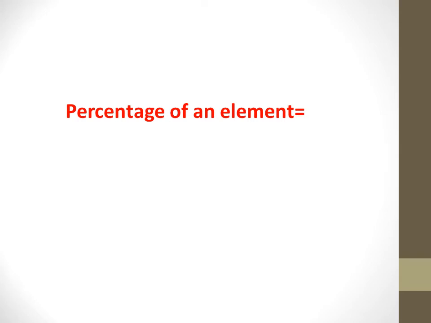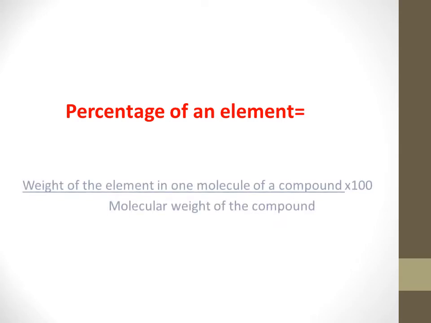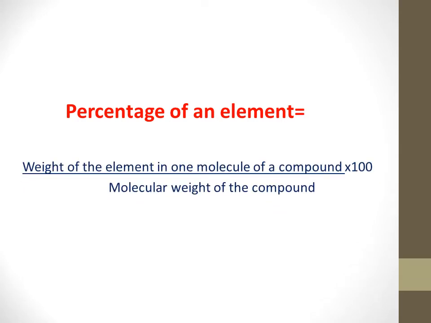The percentage composition of an element in a compound can be given as: percentage of an element is equal to weight of the element in one molecule of a compound divided by molecular weight of the compound, into 100.